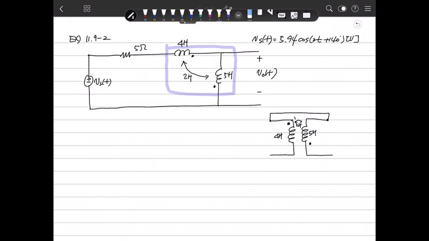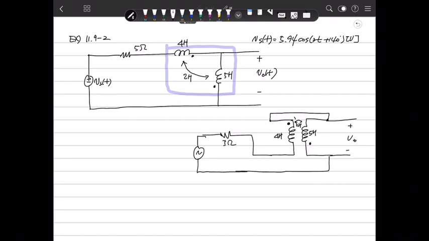Okay, and this is a V out. And that is connected to the dial here. Resistor 5 ohm and the source in this manner.